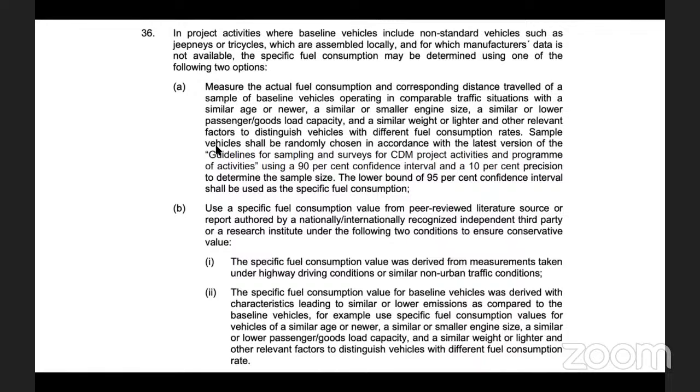Sample vehicles shall be randomly chosen in accordance with the latest version of the guideline for sampling and survey for CDM project activities and program of activities using 90% confidence interval and 10% precision to determine the sample size.